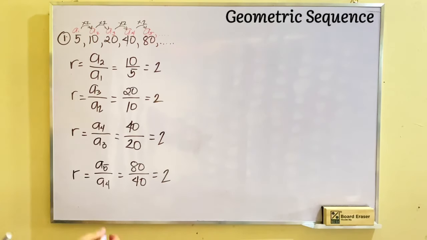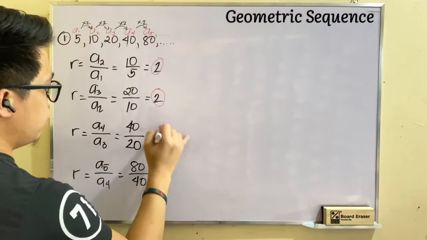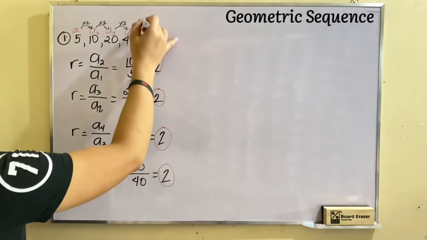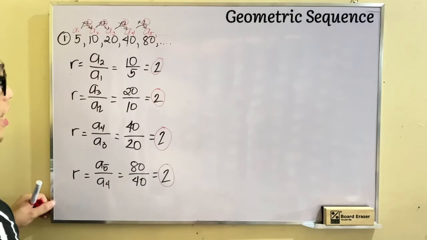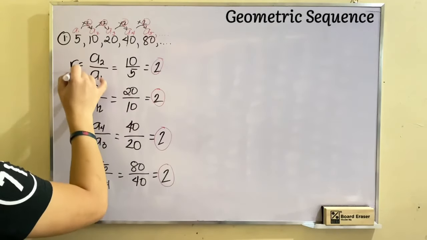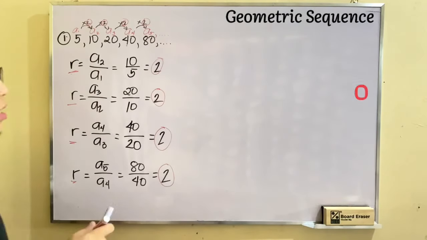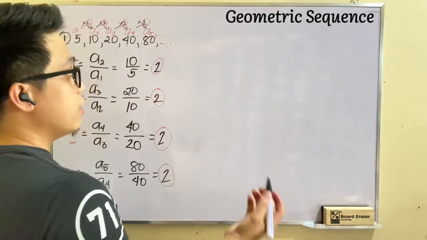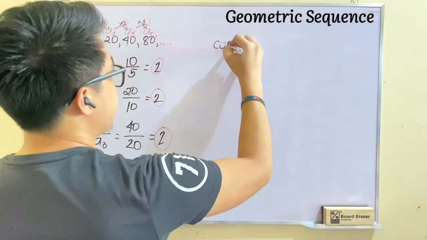Kung makikita nyo, ang lagi nating minomultiply is 2. And this is what we call the, anong tawag sa kanya? This is the common ratio. So, laging tatandaan, sa isang geometric sequence, merong common ratio.